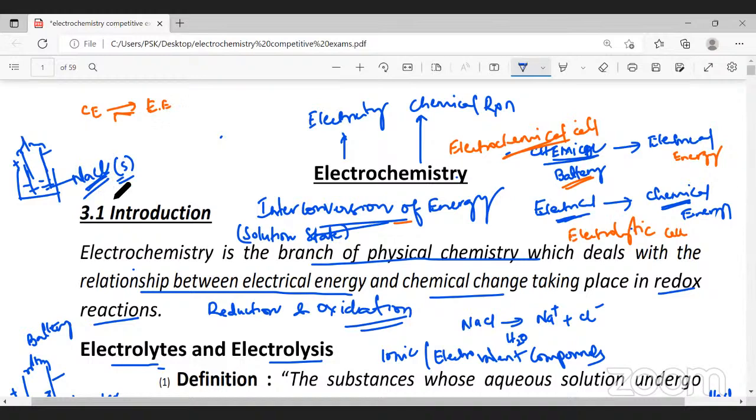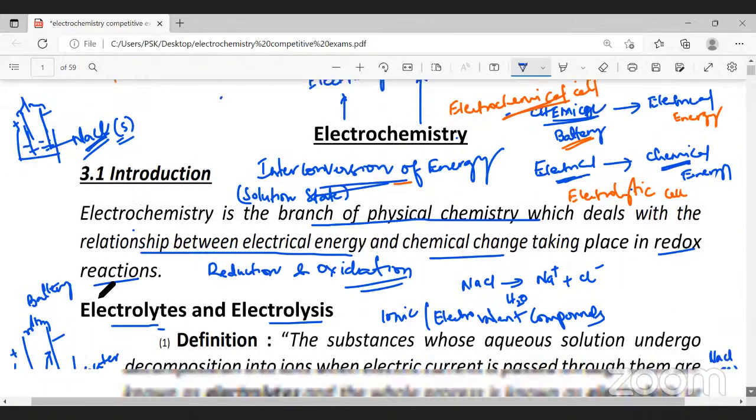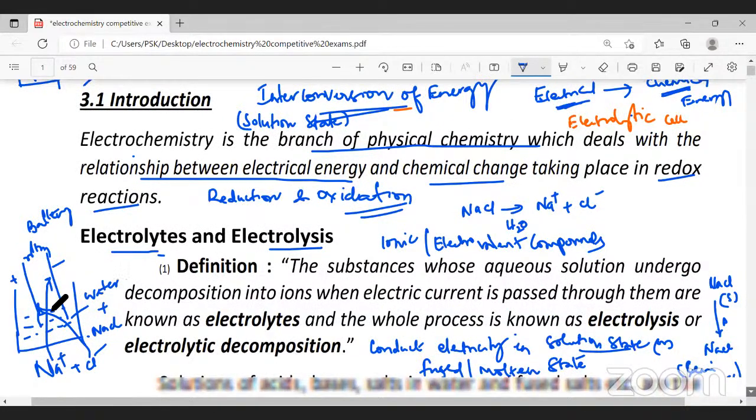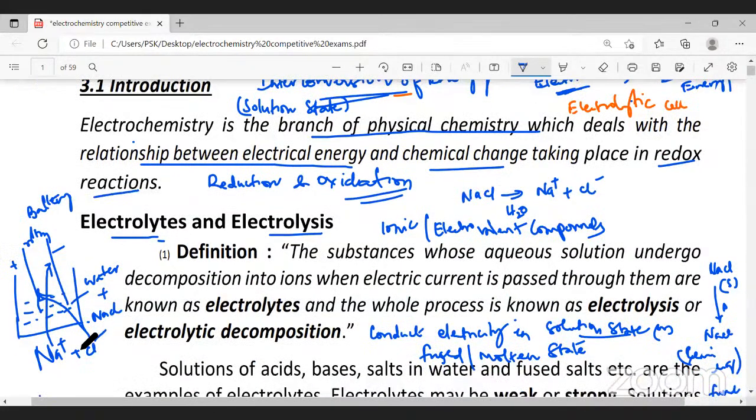It's an important one-mark question for 11th and 12th exams. So why does a solid ionic substance not conduct electricity? Because ions are not free to move. See, in the earlier case, I clearly mentioned water and NaCl as the solution. In solution, current will be conducted because ions are free to move. Here, ions are not free to move.